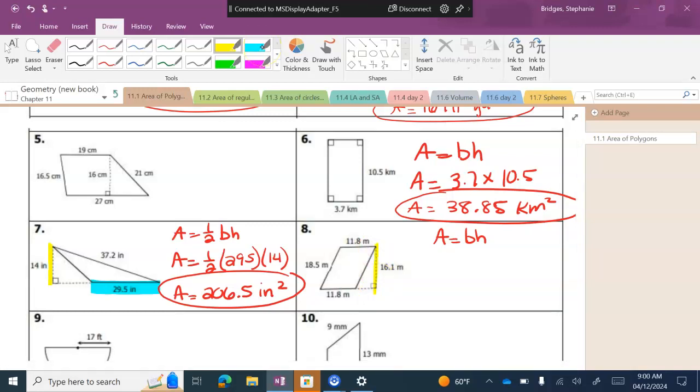What about my base? What would that be? 11.8. So we are just going to multiply the 11.8 times the 16.1. That gives 189.98 meters squared.